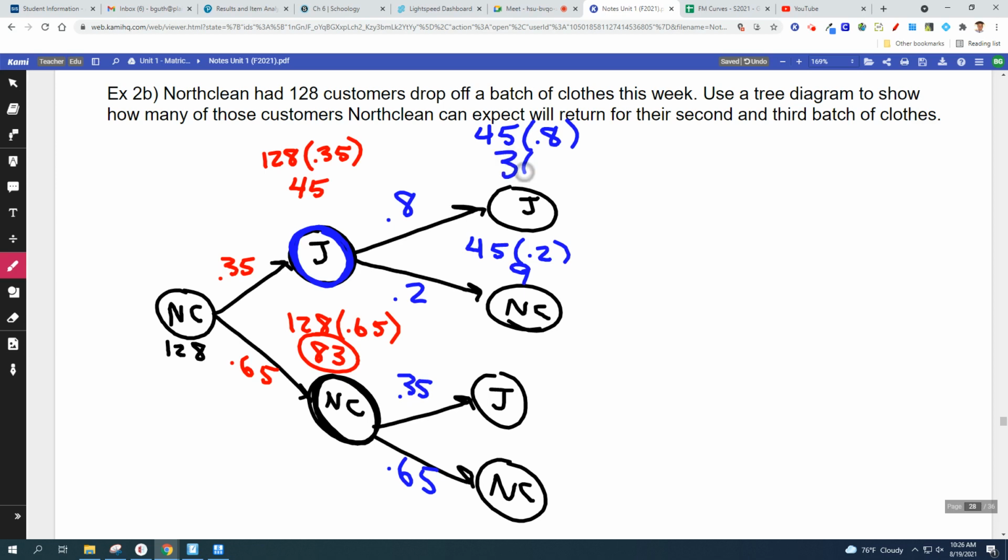I mean, this is 36 and this is 9. 83 people were at North Clean for their second batch. And so this number is going to be 83 times 0.35, which is 29. And this number down here is going to be 83 times 0.65, which is 54.